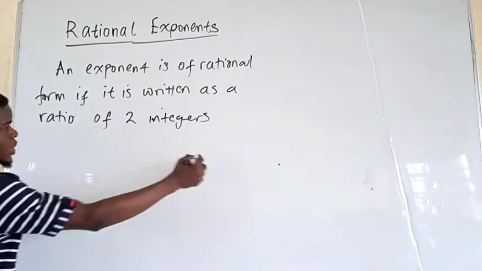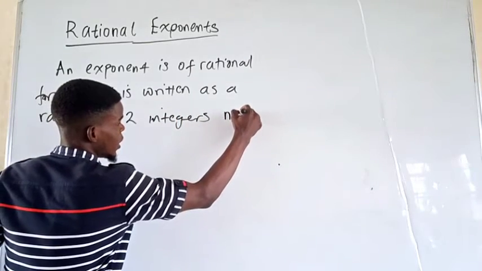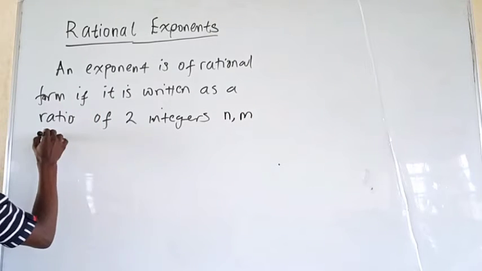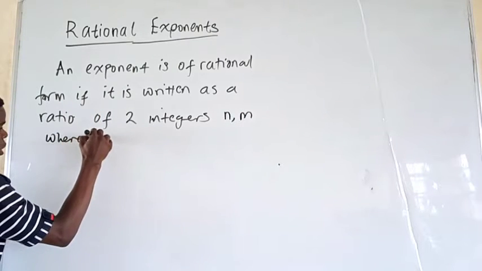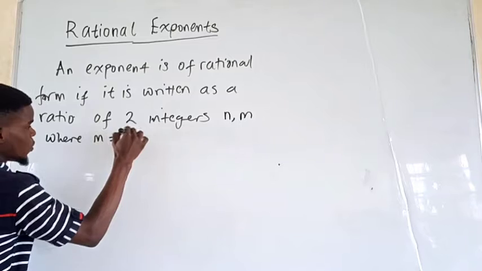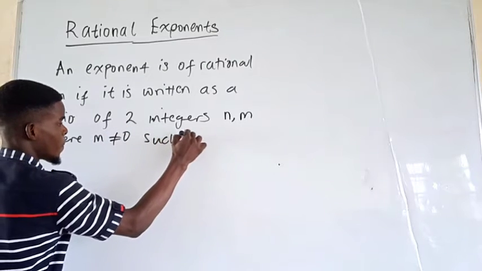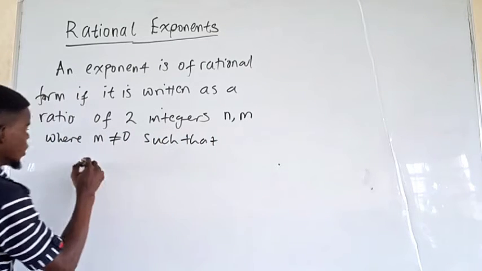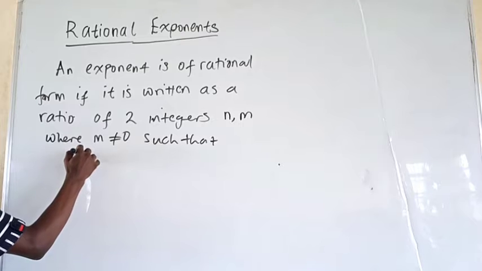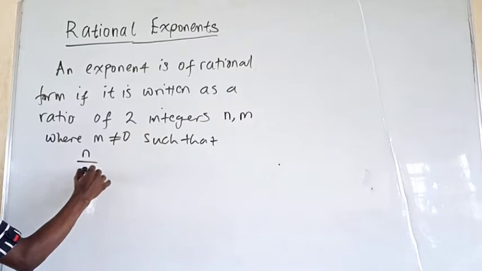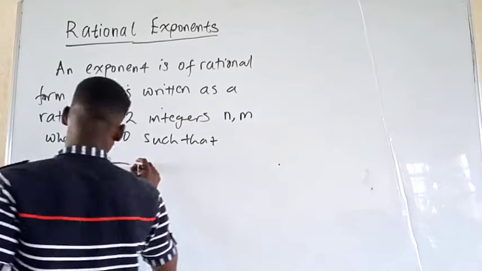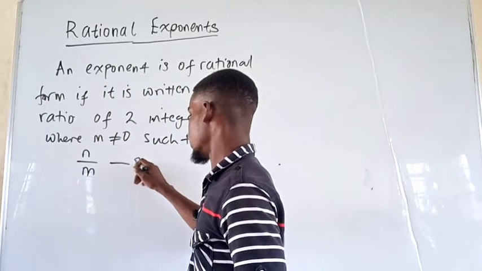Let me put it down as n and m, where m is not 0, such that we have n over m. So this right here is a rational form, alright?